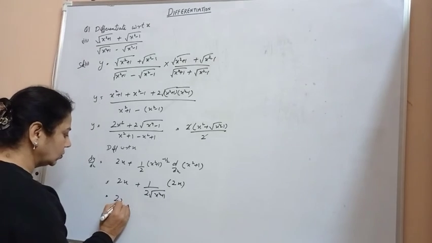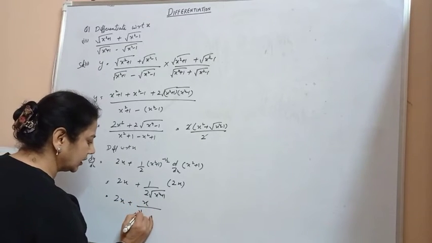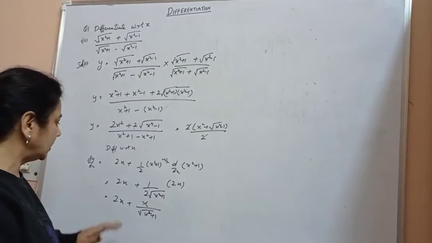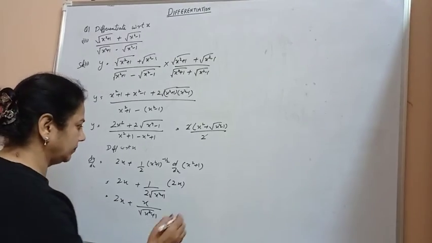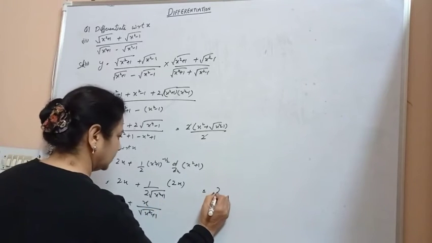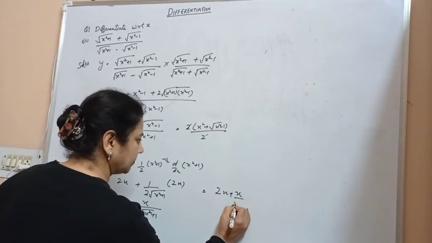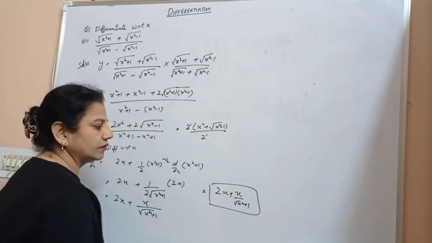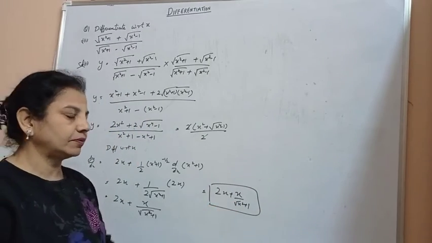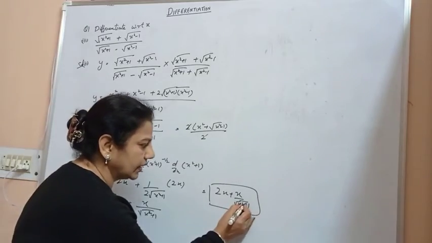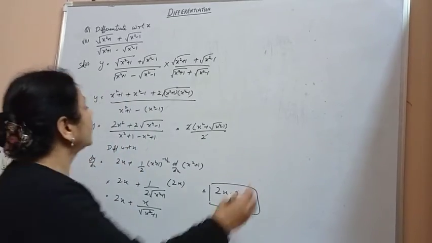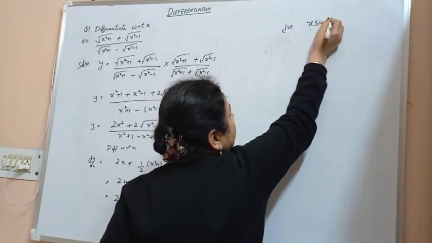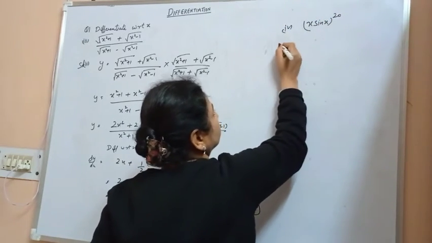I have 2x plus x upon under root of x square plus 1. So the derivative of the given function is 2x plus x upon under root x square plus 1. Take another example, say (x sin x) whole to the power 20.